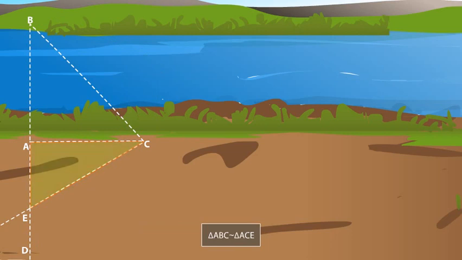As the ratio between the sides of similar triangles is equal, we can say that AB/AC = AC/AE. Therefore, AB, the distance between 2 points separated by a river, is equal to AC²/AE.